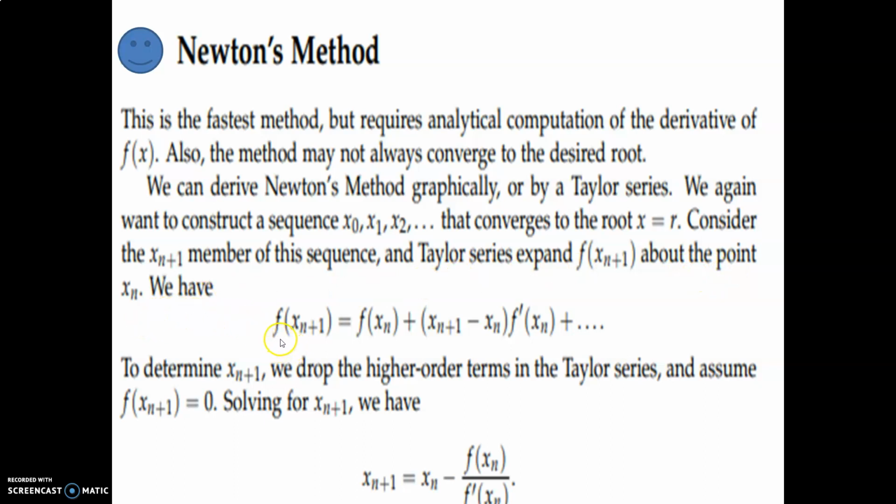We have f(x(n+1)) = f(xn) + (x(n+1) - xn) f'(xn) + ... To determine x(n+1), we drop the higher order derivative terms in the Taylor series and assume f(x(n+1)) = 0. Solving for x(n+1), we have x(n+1) = xn - f(xn)/f'(xn). Be careful, here f'(xn) represents the derivative of that term only.